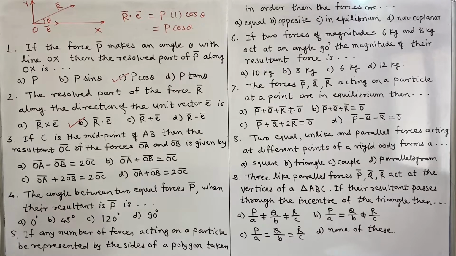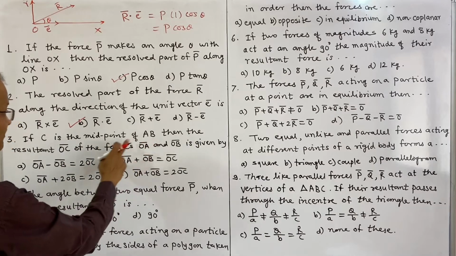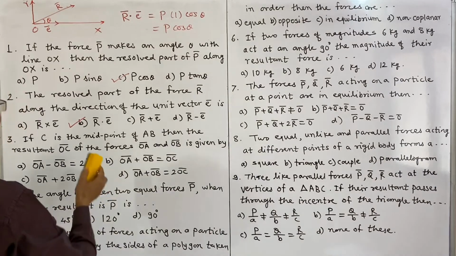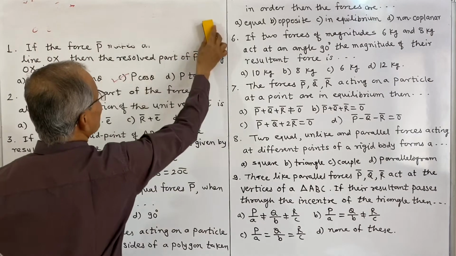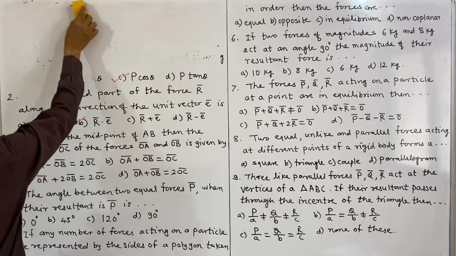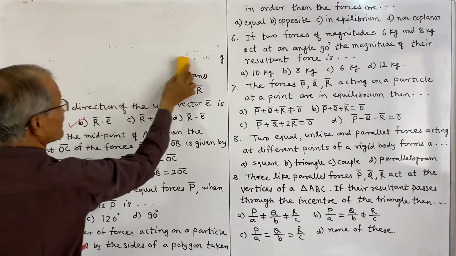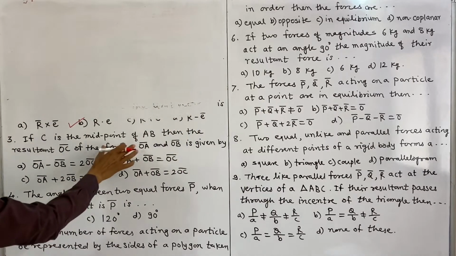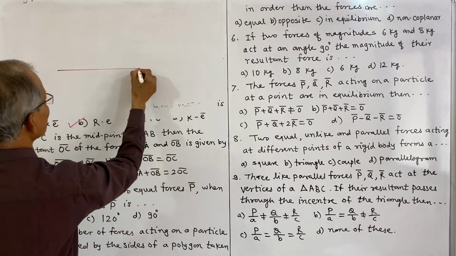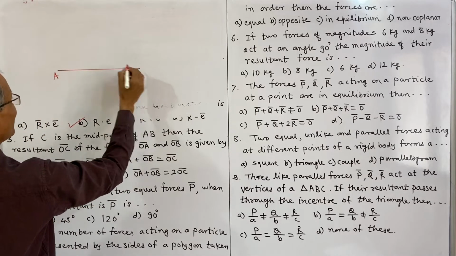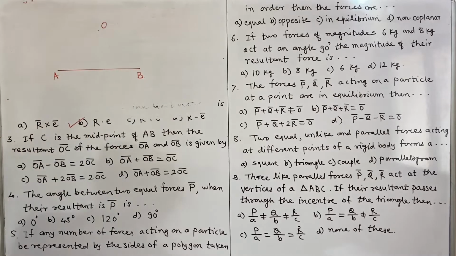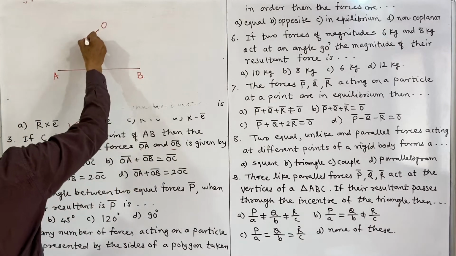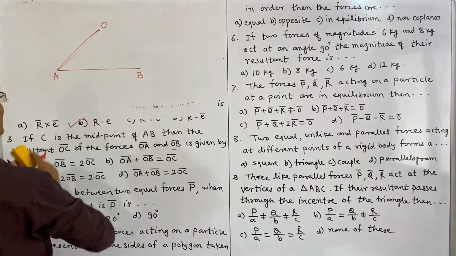Next: if C is the midpoint of AB, then the resultant OC bar of forces OA and OB is given by? This is a special case of the result we have obtained. If AB is a line segment and O is any point, we have to consider the resultant of OA and OB. Join OA and OB.